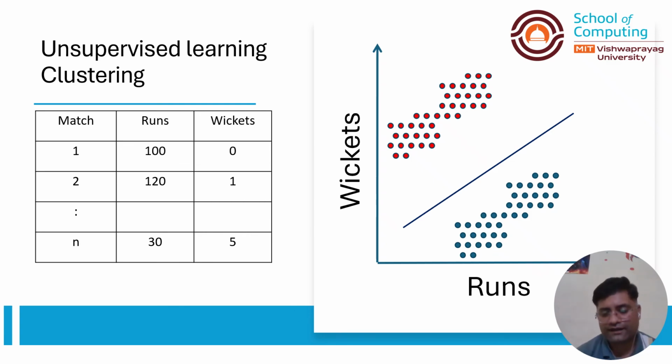In this graph, if the number of runs is more whereas the number of wickets is a little less, those are represented by blue dots. Whereas if the number of wickets is more but the number of runs is less, those are represented by red dots. I can draw a separation line between those. The blue dots represent one particular set of players, whereas the red dots represent another set of players.